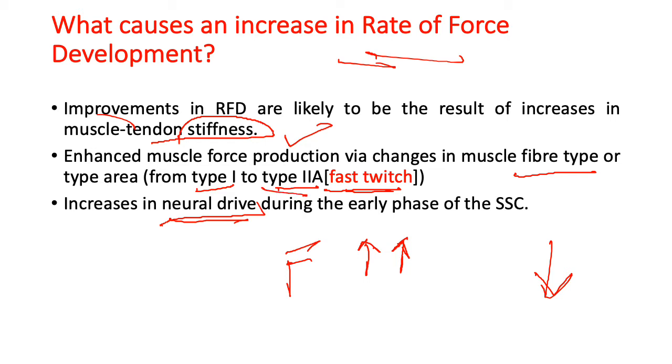This is the property of fast twitch fibers: they contract very intensively in a very short period of time and produce a large amount of force. So these are the three things happening at the ground level. As a result, you will get high RFD, and that will make you more explosive, and explosiveness definitely wins you a gold medal.